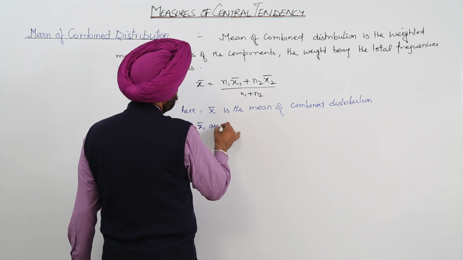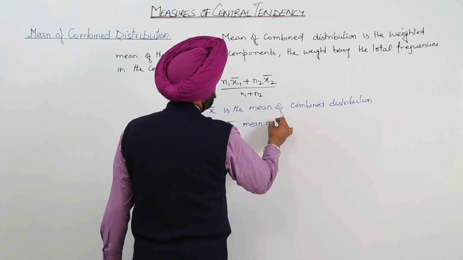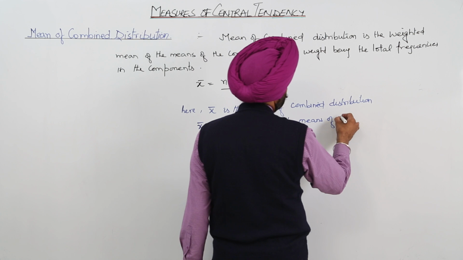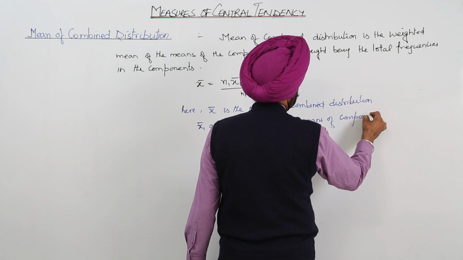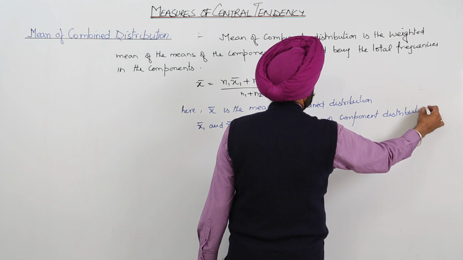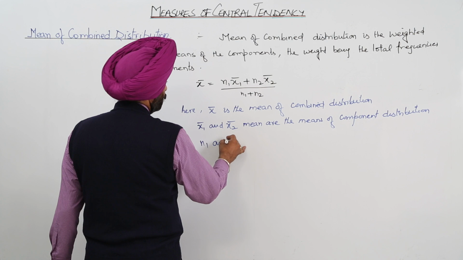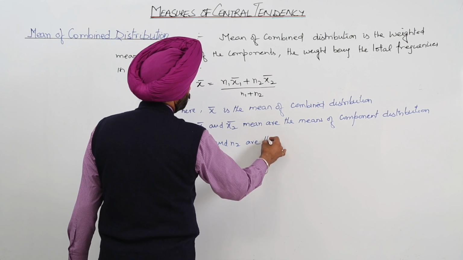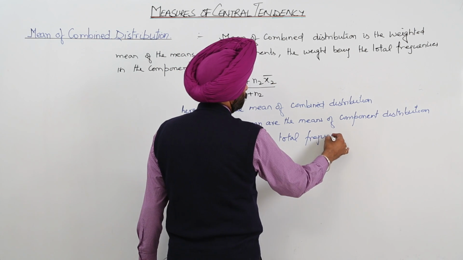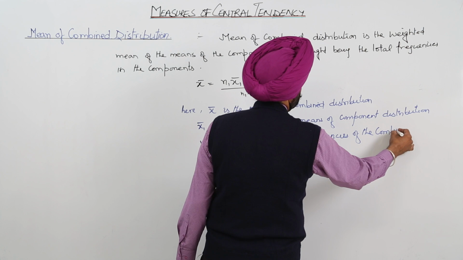X1 mean and x2 mean are the means of component distribution, and n1 and n2 are the total frequencies of the component distribution.